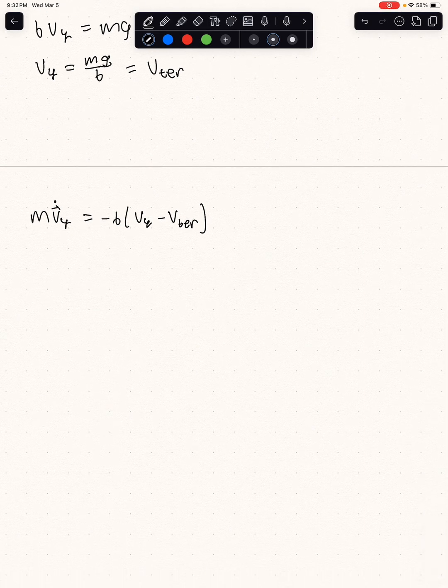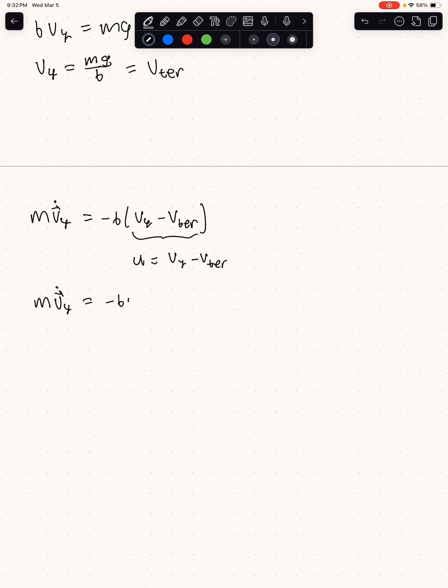Now if you have terminal velocity, this term becomes a constant, and so you can set it equal to just a variable. Now, oftentimes I've seen it set to u, so if u equals vy minus v terminal, we have an equation equivalent to what we had in our horizontal case, right?